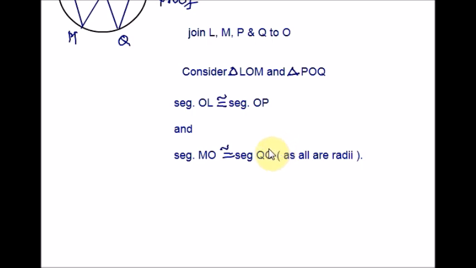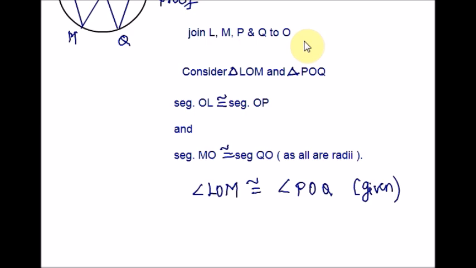Using this, you have to prove that segment LM is congruent to segment PQ. Let us take the given information here. Two of the sides are congruent and one of the angles is congruent. So you can use the side angle side postulate here. So by the SAS postulate, you can tell that triangle LOM is congruent to triangle POQ. Do you agree with me? Okay.